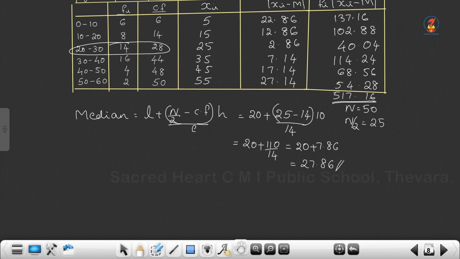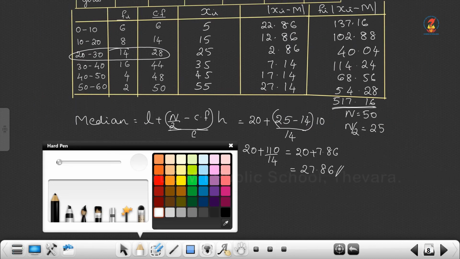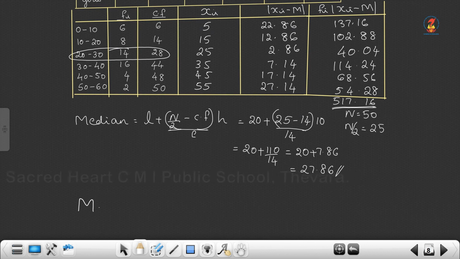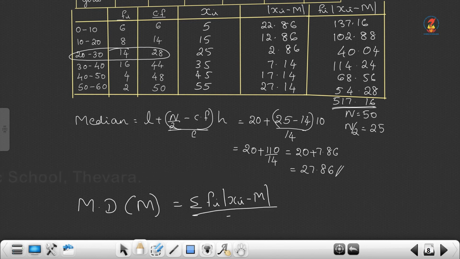So the mean deviation about median. About median, M is the letter, formula is sigma fi into absolute value of xi minus m by sigma fi. So 517.16 by the total frequency, which is 50.